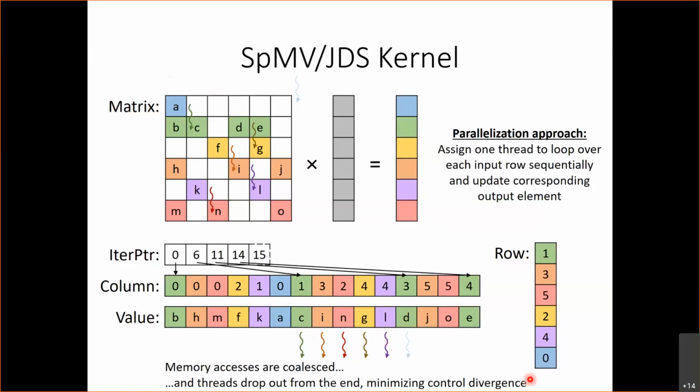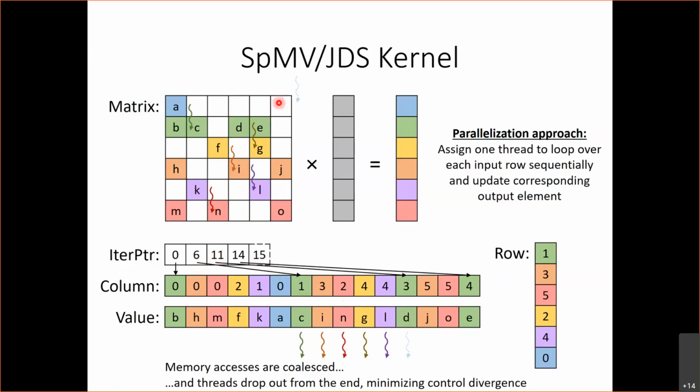Okay, and I can do the same thing when I move on to the next iteration. By the way, the way for me to know which thread drops out is I can simply look at the next iteration pointer. The threads that should compute are the ones starting at 6, and anything that's above 11 should not be computed. So here, this blue thread should not compute because this element is not a blue element.